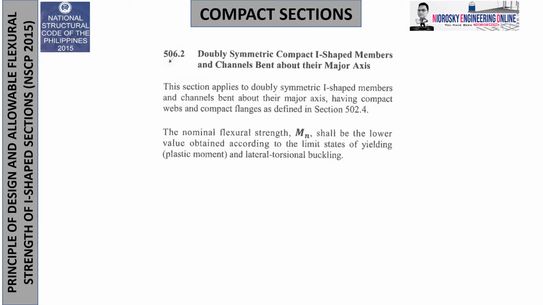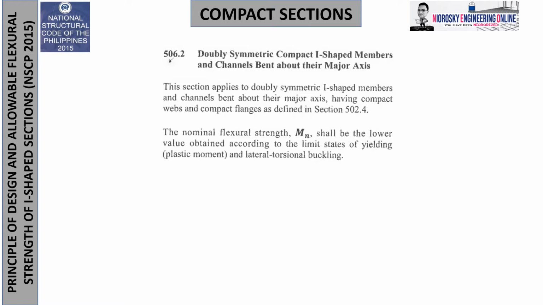Ngayon, for doubly symmetric compact I-shaped members and channels bent about their major axis, ibig sabihin yan, dapat na-satisfy mo muna yung pagiging doubly symmetric, which is all W-shaped sections in the database are doubly symmetric, at tsaka on the major axis. So, ibig sabihin, ang load natin, nagtatranscribe dun sa moment of inertia along the stronger axis, or patayo ang I-beam mo, tapos gravity loads ang nilagay mo.